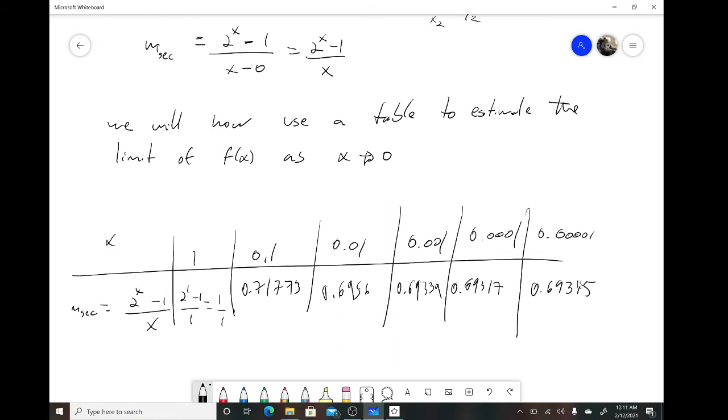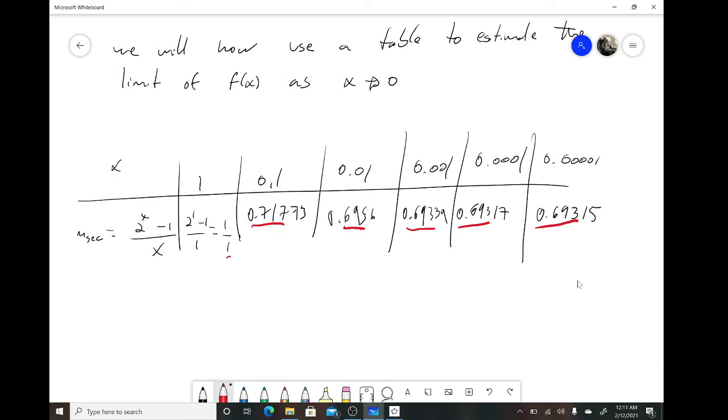So as you can see, the values are getting closer and closer to 0.693. We began with 1, then 0.717, then 0.695, then 0.693, then again 0.693, and yet again 0.693.